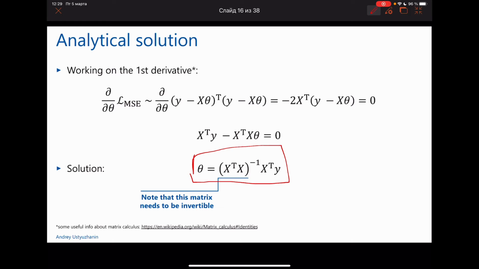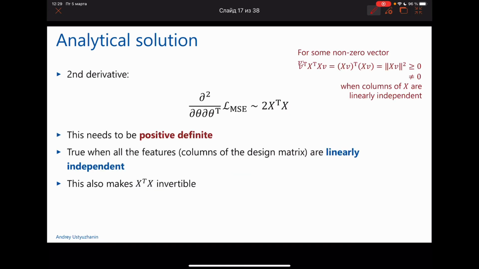So it's just a simple linear algebra exercise. And here we just need to make a note that the matrix X should be invertible for the solution to be computable analytically. And also we need to take into account the second derivative.